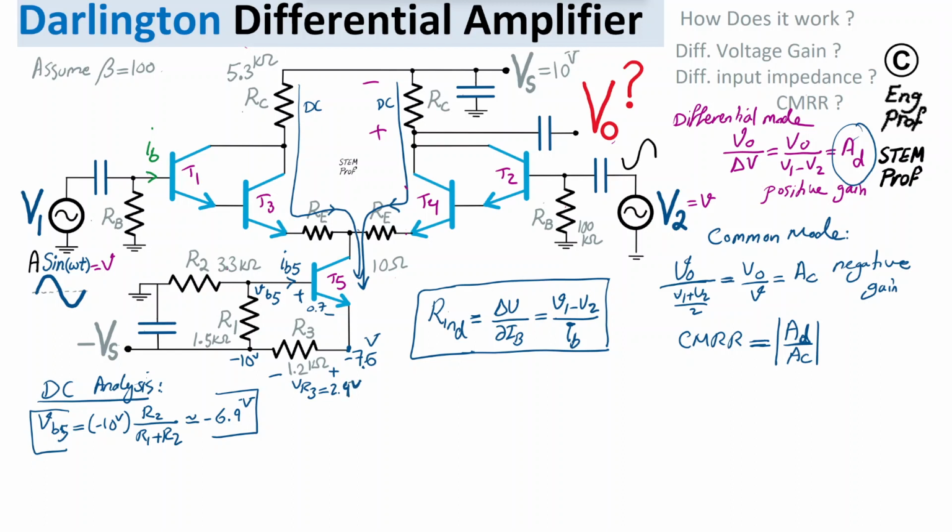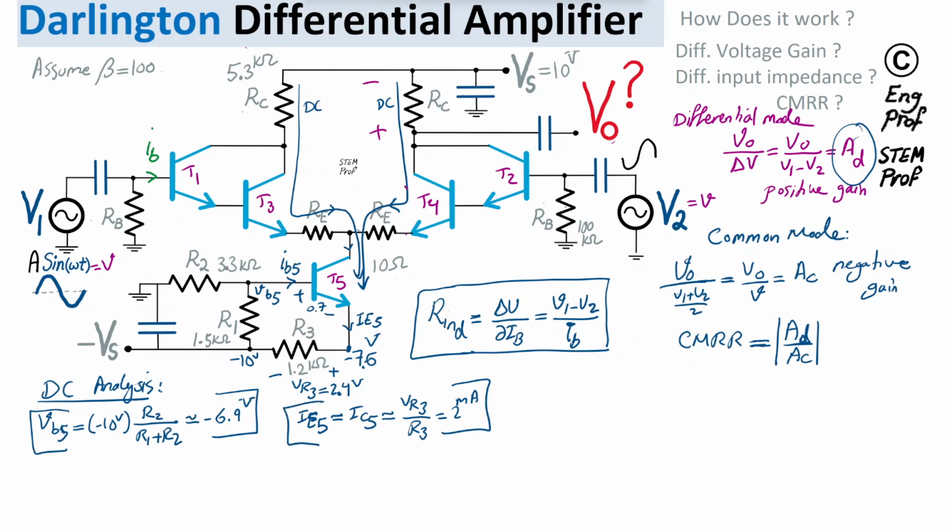So I can find the current passing through this resistor, IE5 DC-wise. IE5, which is roughly equal to the collector current of transistor 5 as well, so IC5 is roughly equal to VR3, the voltage across this resistor, divided by R3, which is 2.4 divided by 1.2. That's going to give us exactly 2 milliamp.